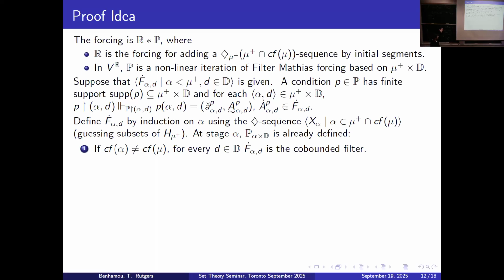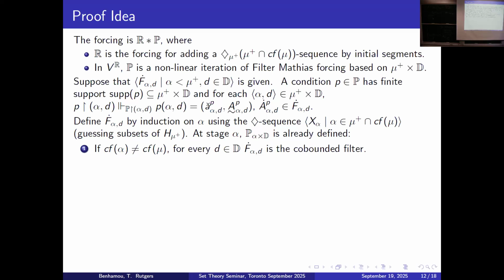So now I'm defining the filters F alpha by induction on alpha. So I'm going by induction this way, and now given alpha, I'm going to define the entire row. That's the induction. And this choice is going to be guided by the diamond sequence I forced. So assume we have the sequence X alpha, and of course I want them to be guessing names. So I'm guessing that the diamond already guesses subsets of H of mu plus.